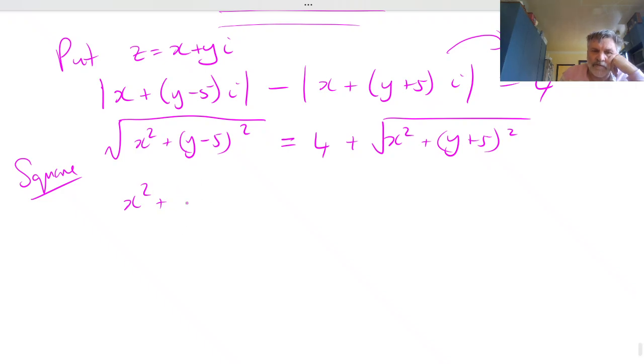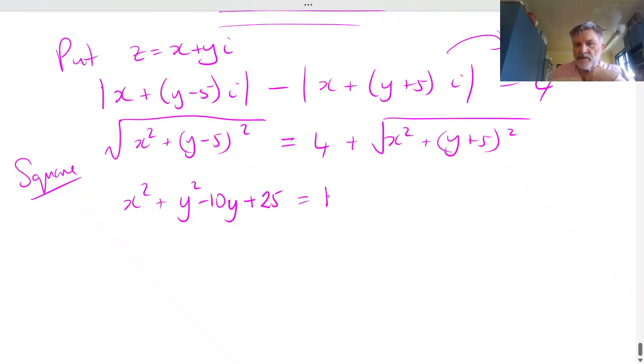I'll take the liberty of multiplying out that squared term as I go. If we square this side, you have to square the first term. You get a mixed term, which will be 2 times 4 times the square root.